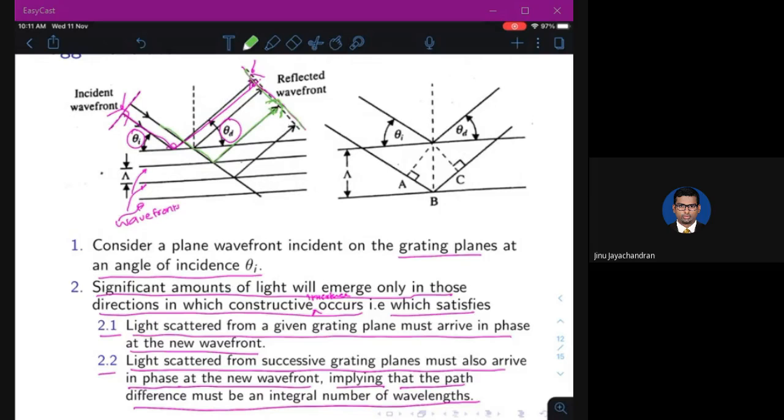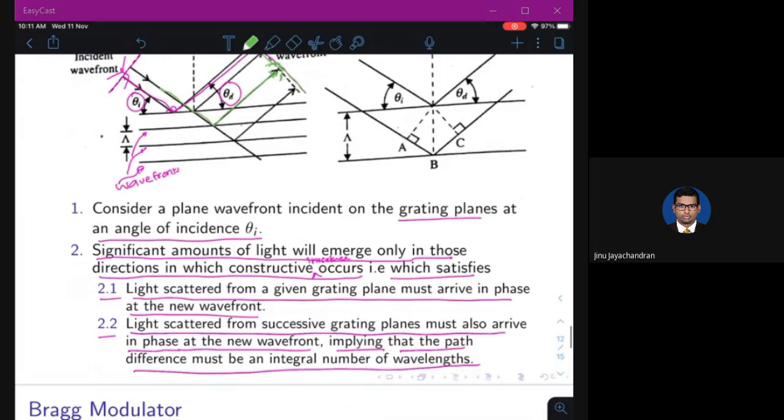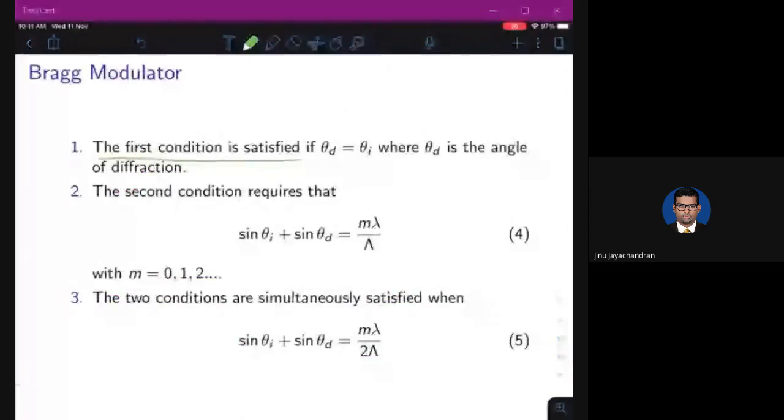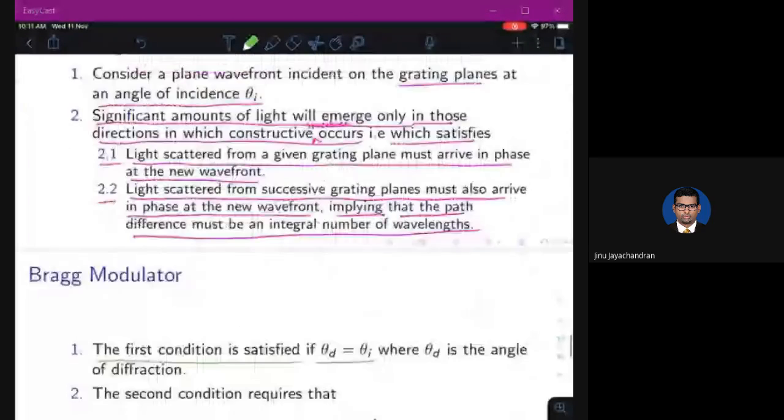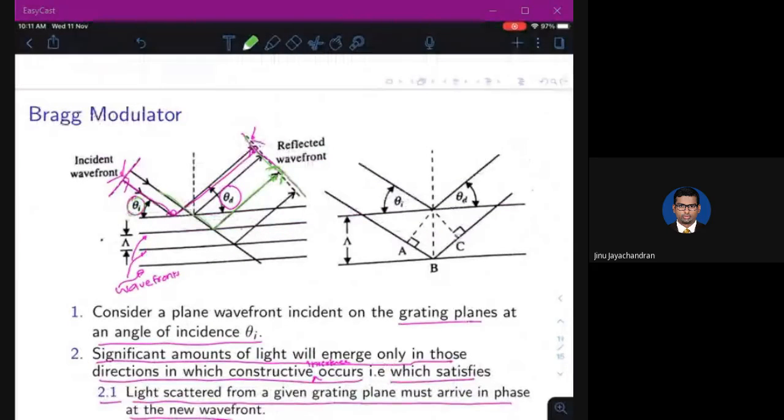So the first condition is satisfied if theta d is equal to theta I. If the angle of incidence and angle of diffraction are the same, then for the same wave, the phase difference after diffraction will be the same.